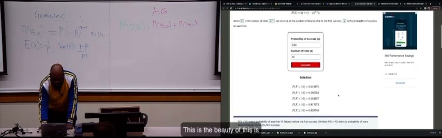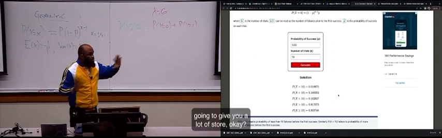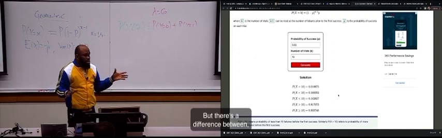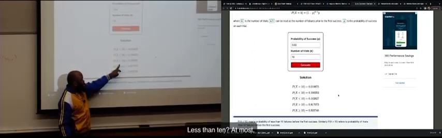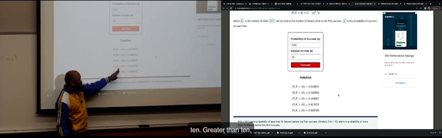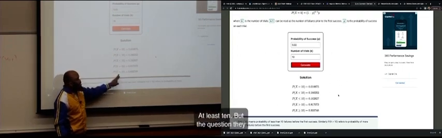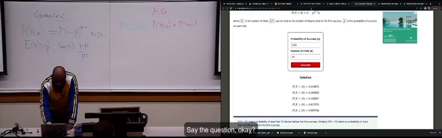Oh my God, the beauty of this is it's going to give you a lot of stuff. But there's a difference between exactly 10, less than 10, at most 10, greater than 10, at least 10, but the question they ask you is exactly 10. We're going to go back now and see the question.